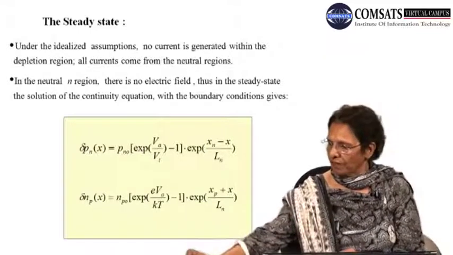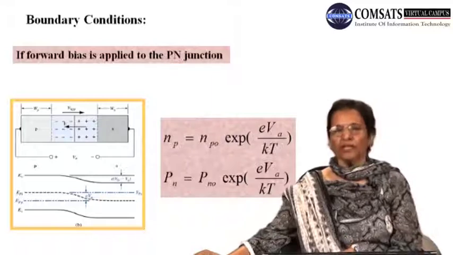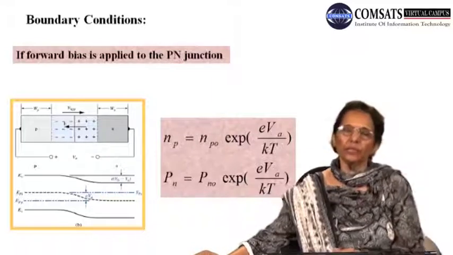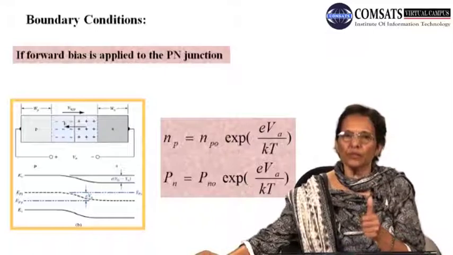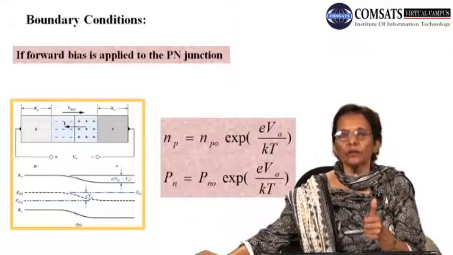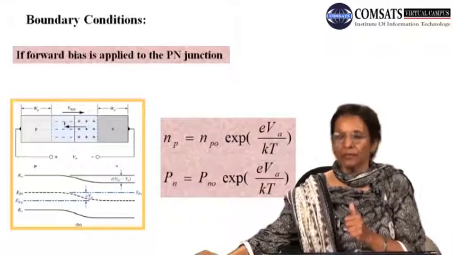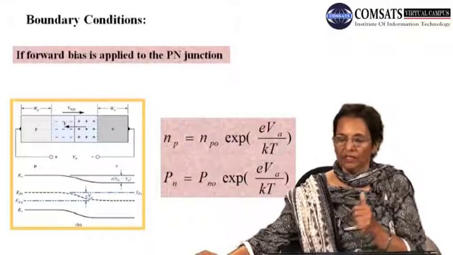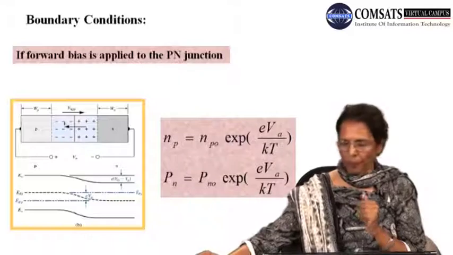In the previous slide, you notice that the injected electrons in the P region depend upon the equilibrium carrier concentration, NPO. The minority electrons in the P region, subject to the law of mass action, depend upon the applied voltage and upon the temperature.